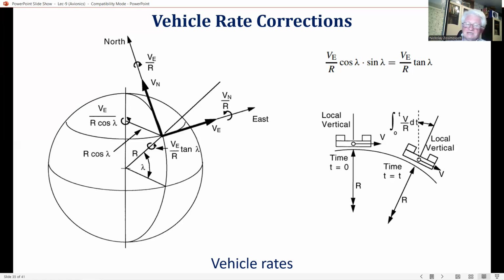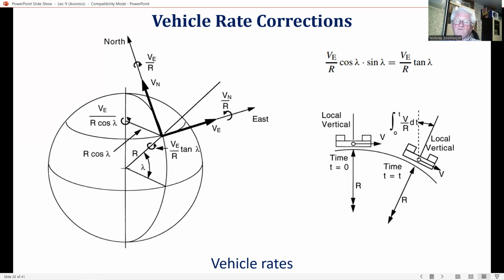It is therefore necessary to rotate the virtual platform about the east pointing and north pointing axes at angular rates V_N over R and V_E over R, respectively, in order to maintain the virtual platform locally level as the aircraft moves over the spherical surface of the Earth.